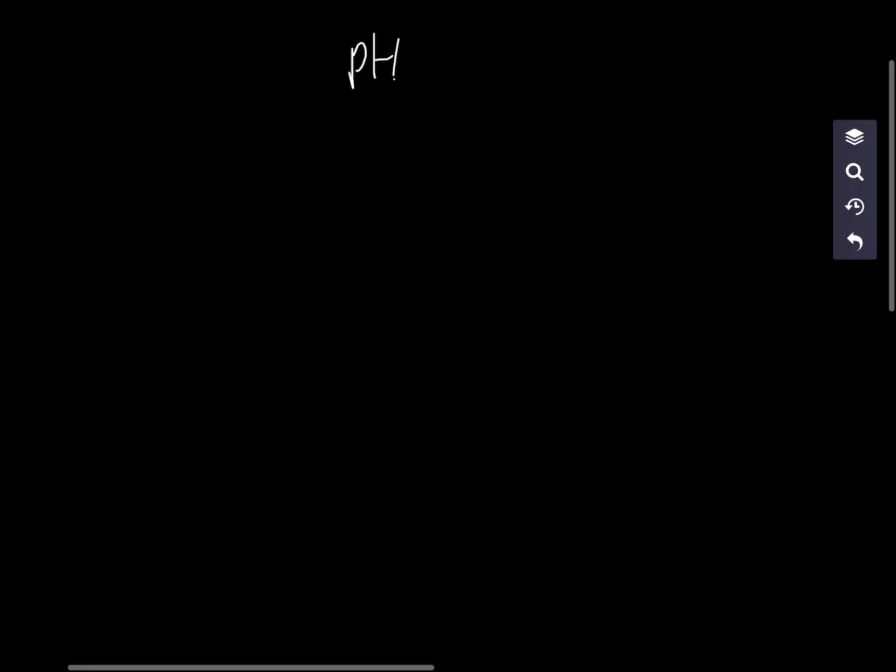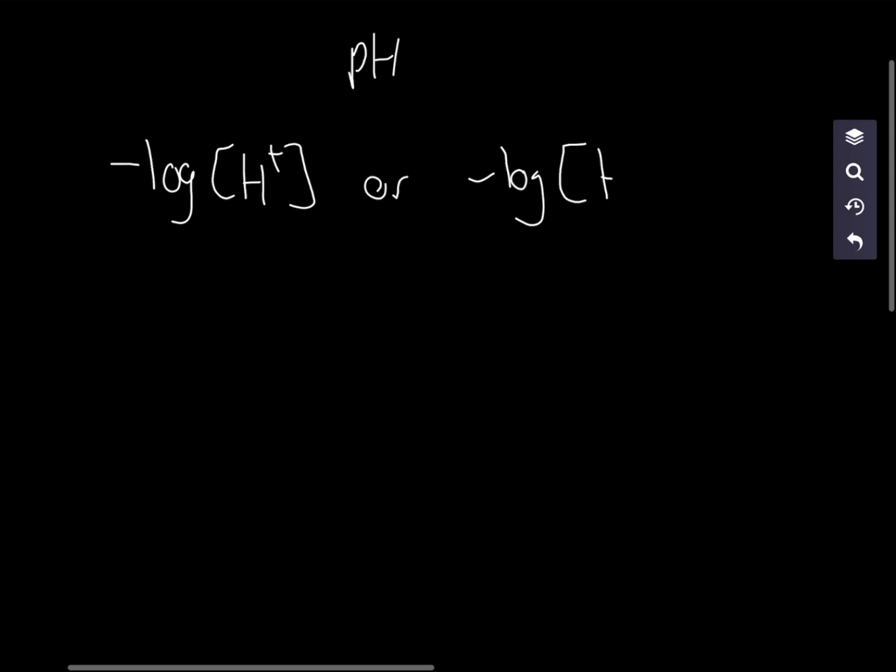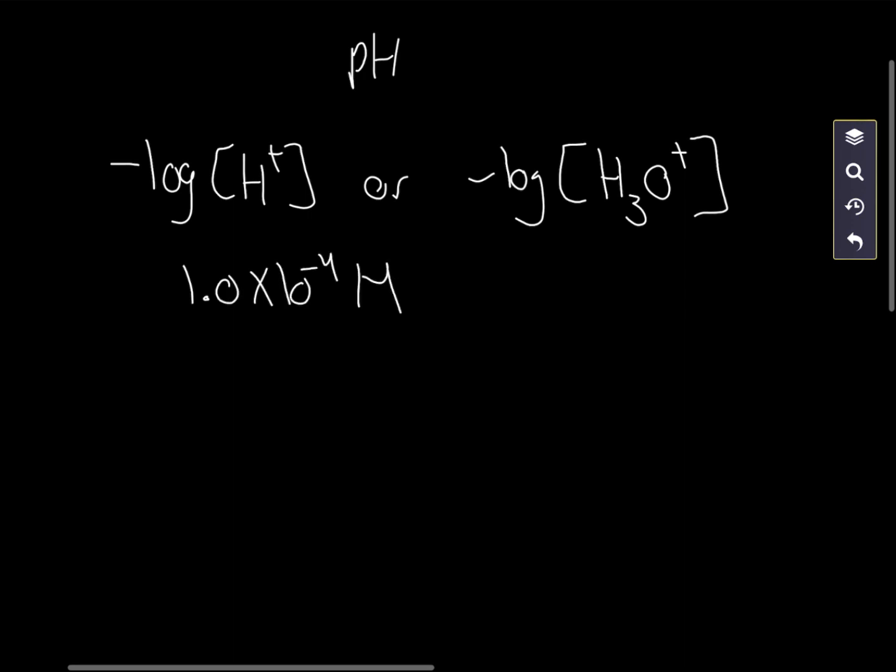How do you actually calculate the pH though? You've got to use this formula: negative log of the concentration of H plus ion, or negative log of the concentration of H3O plus ion. So for example, if the H plus ion concentration is 1.0 times 10 to the negative 4 molar, you would put negative log of 1.0 times 10 to the negative 4, and your calculator would spit out 4.